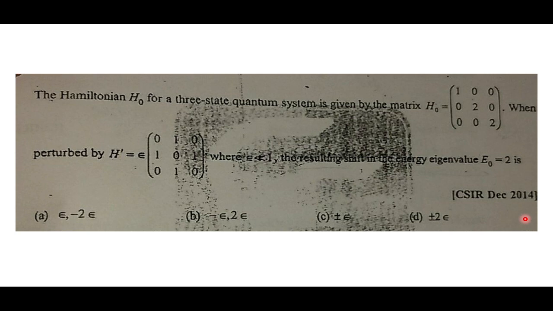Last time I discussed a question where you just add up the perturbed and unperturbed parts, find the eigenvalues and equate them. This question is a little bit different. I think that's why Harish sent me this question, because the approach will be a little different here, as degeneracy is involved. So please try, then I will discuss the solution.